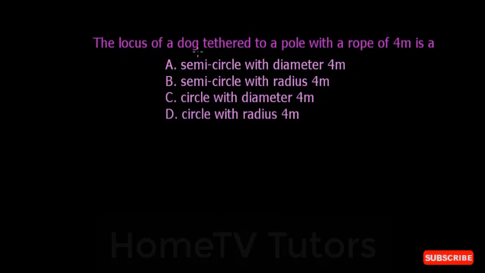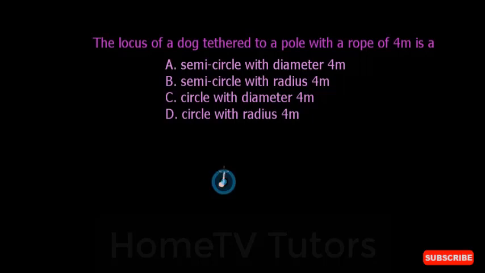The locus of a dog tethered to a pole with a rope of 4 meters is. The simple idea of a locus is that it is the path traced out by a point which moves in accordance with a certain law.